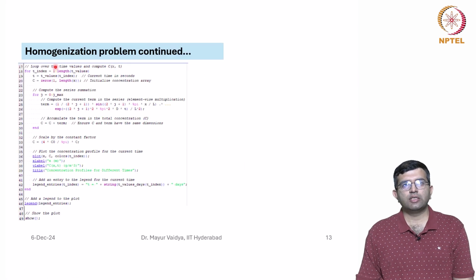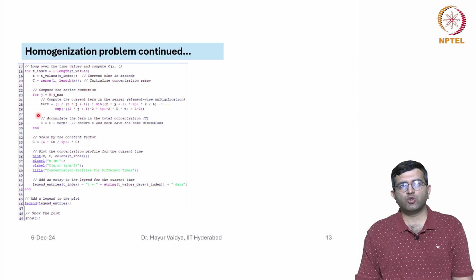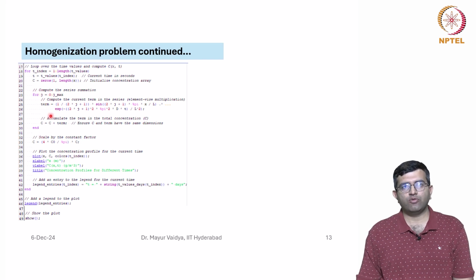Then this is the main body of the code, where you see the for loop for different values of t, and here this is also for different values of j. So, there are two loops here, because you have different values of j and different values of t. Okay. Then finally show the plot.